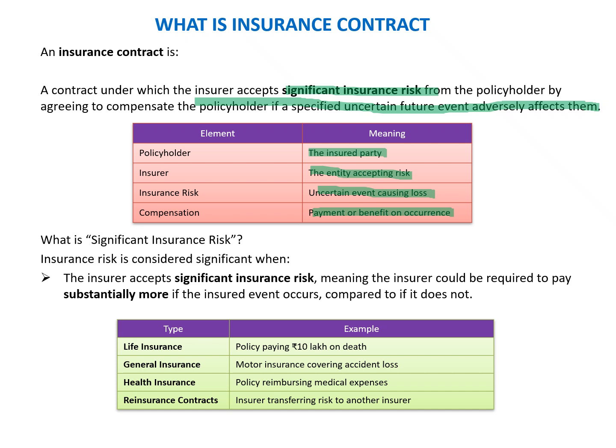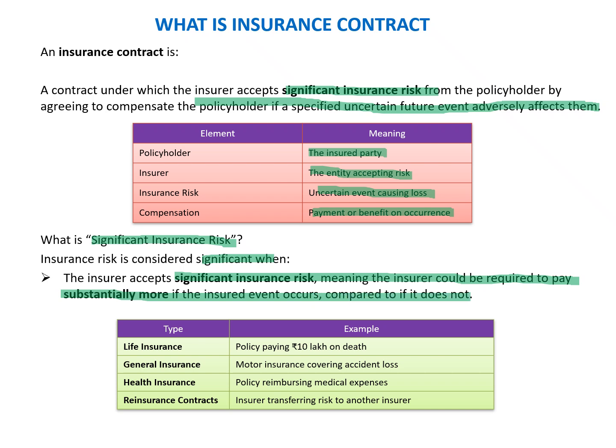Now, the most important point that we have to understand with respect to insurance contract is the element of significant insurance risk. Insurance risk is considered significant when the insurer could be required to pay substantially more if the insured event occurs compared to if it does not.